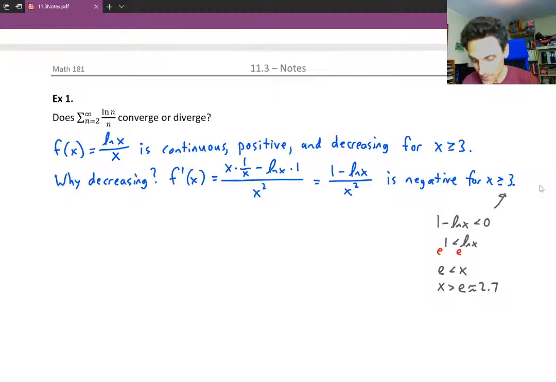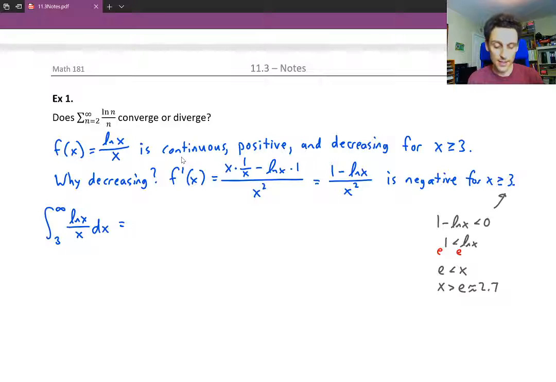So now we could look at the integral from 3 to infinity of ln x over x. Now the conditions of the integral test are satisfied. I should mention, when you're doing these integral test problems, you'll want to state the conditions that need to be met: that the function is continuous, positive, and decreasing.